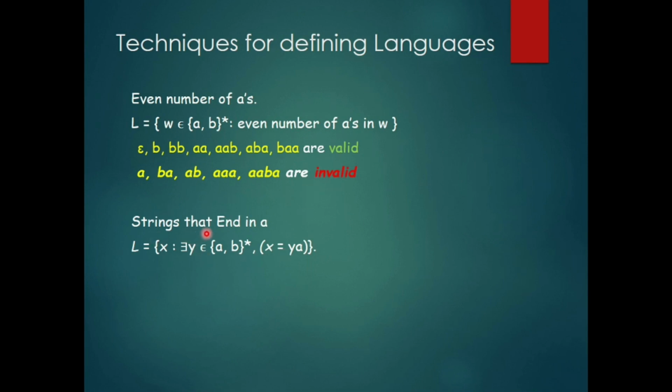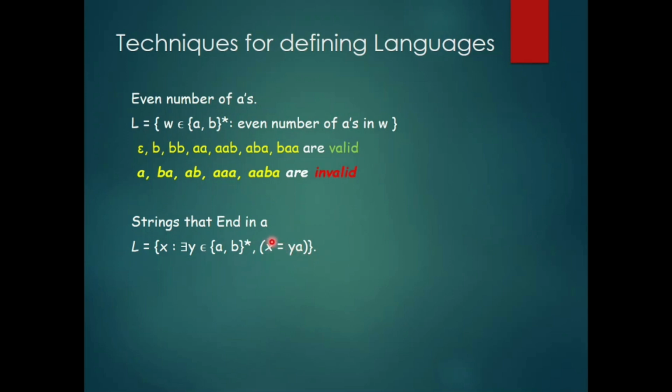One more example: strings that end in A. This is another way I can define a language. A language is made up of X, such that there exists Y, which is made up of the alphabet set A and B. So Y is a string which is any combination of A and B, such that X is equal to Y concatenated with A. So what does this say?